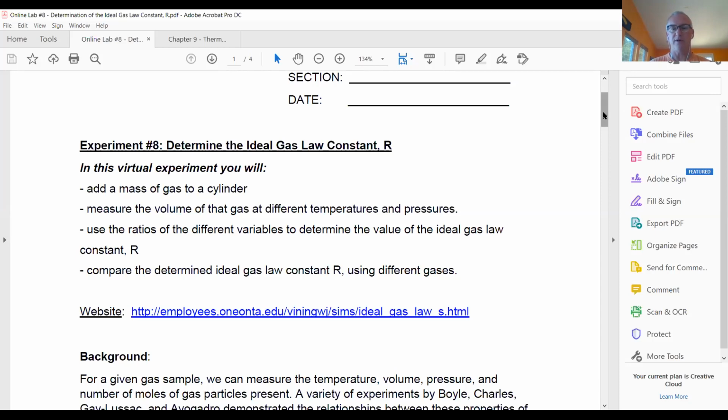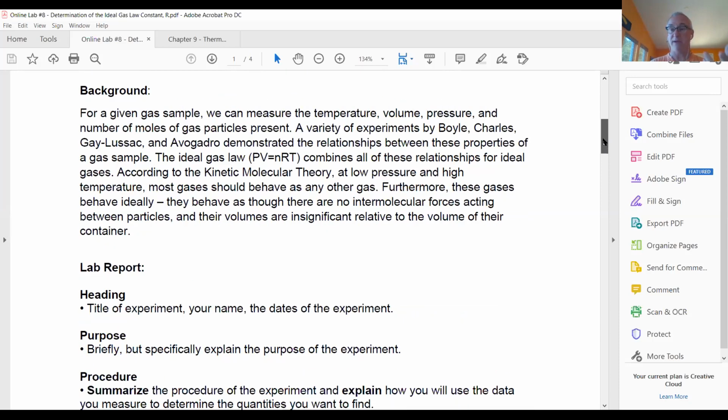You guys are probably familiar with the background, because you actually investigated these laws last week and saw all the connections. You saw that there was a direct connection between some things and an indirect connection between some others. And so when we put them together, we got this really nice PV = nRT expression, which unites everything together.